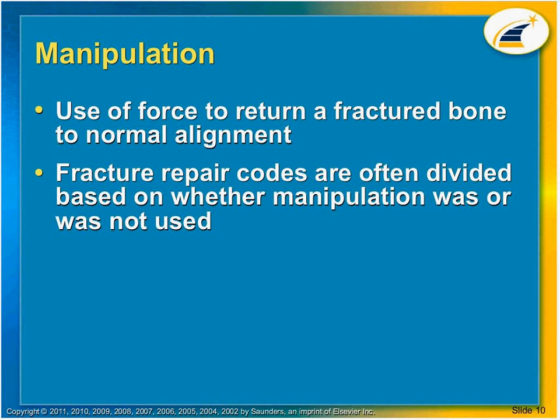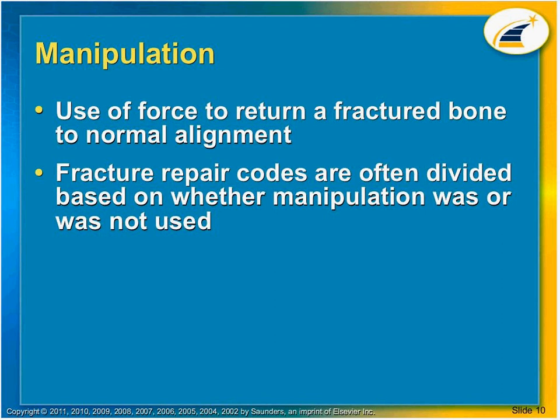So manipulation is the use of force to return a fractured bone to normal alignment. Repair codes are often divided based on whether manipulation was or was not used. Once again, we have to look for the term with or without manipulation when we're coding for fracture repair.